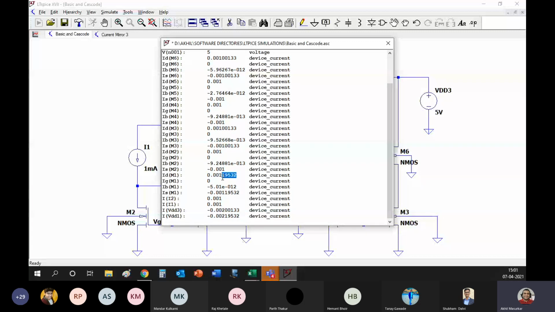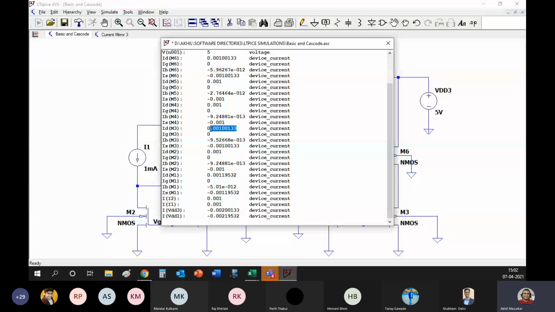So you can see ID M1 and ID M2 are not the same. Now let us see ID M4 and M3. This is M4 and this is M3. You can see ID M4 and M3 are pretty close to each other.